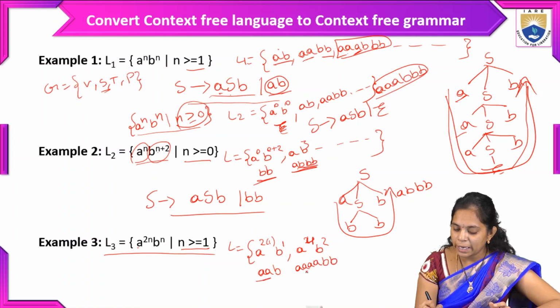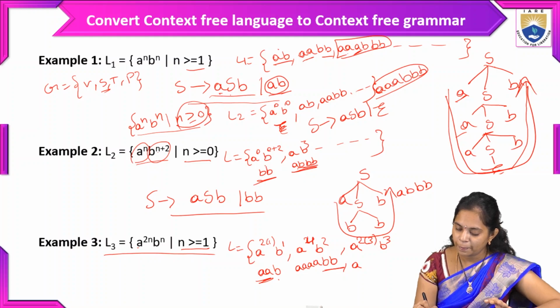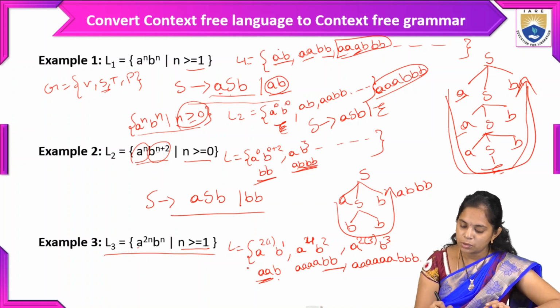For n is equal to 3, a power 6 and b power 3. So it is not about even or odd, it is the number of b's. So an even number of a's followed by the number of b's, a power 6, b power 3, and so on.